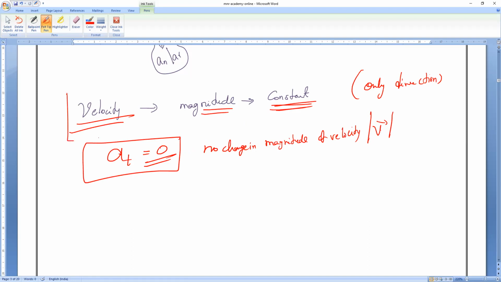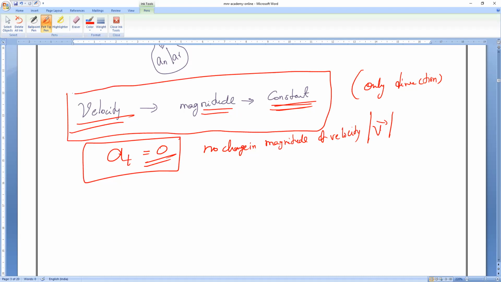Keep in mind the most important point: when the velocity magnitude of a body remains constant, as in a circular track, the tangential acceleration is zero. The magnitude is not changing, but the direction is changing.